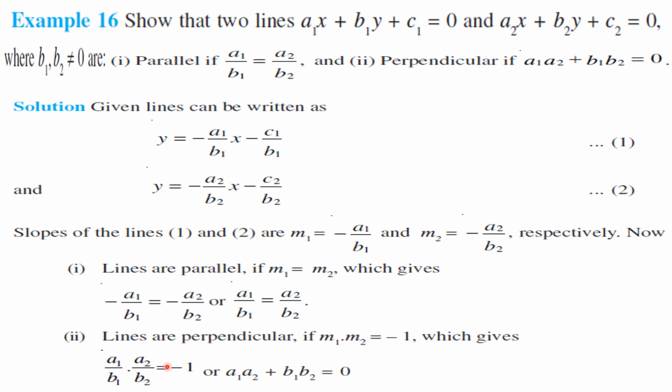Minus a2 by b2 is equal to -1. Here minus gets cancelled. Finally we get a1 by b1 into a2 by b2 is equal to -1. Understood this step, my children? Right. So by transforming, by moving b1 b2 to that side, finally we get a1 a2 plus b1 b2 is equal to 0. This is the second part of the question. We have proved. Understood this example, my children?